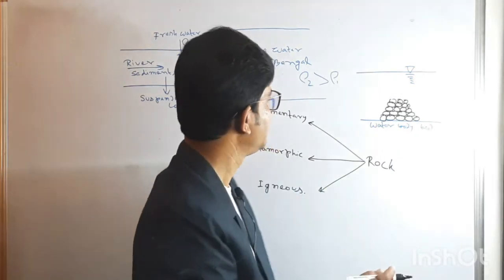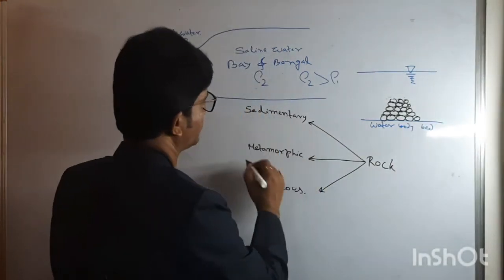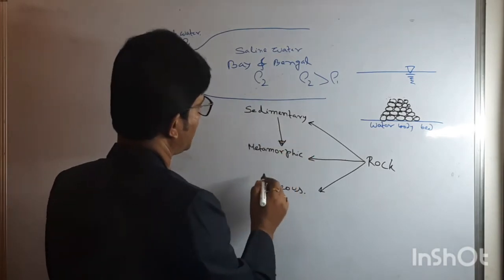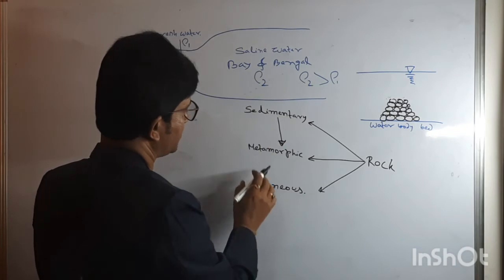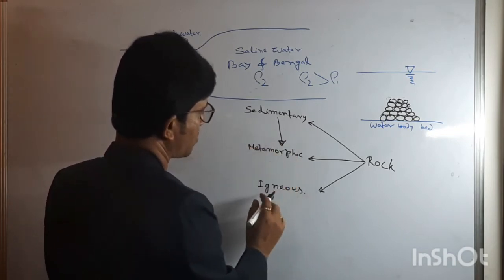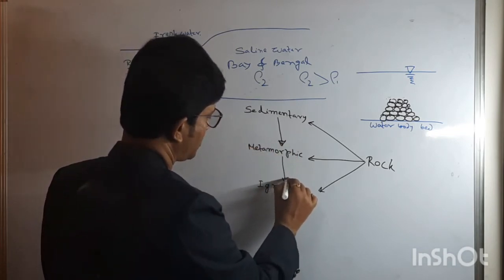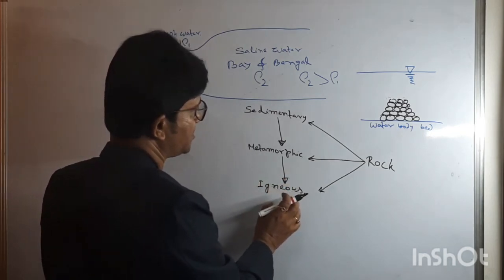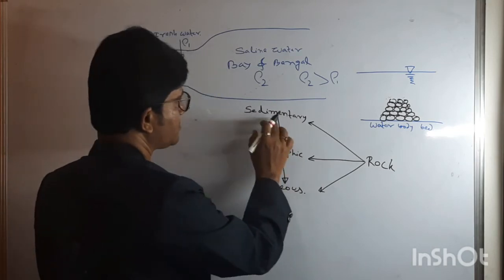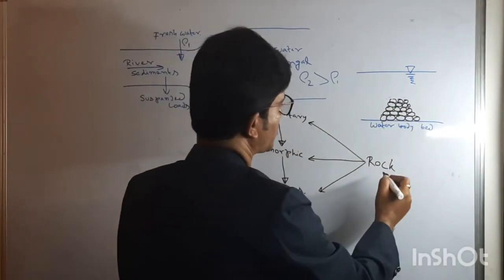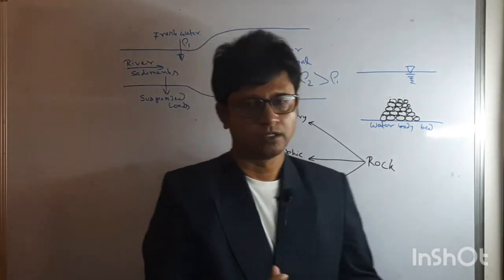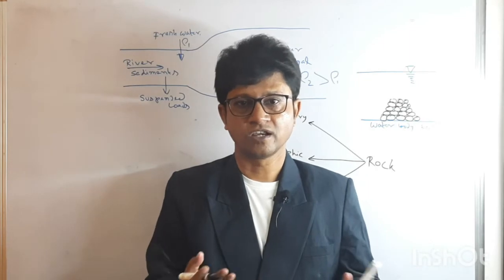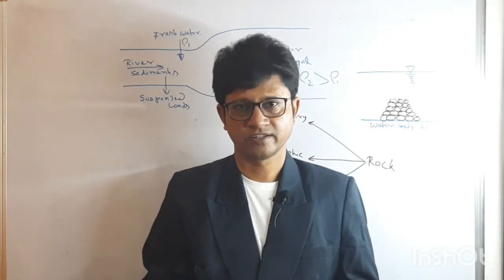As a result, these sedimentary rocks are formed, and these sedimentary rocks, by the action of pressure and temperature, get converted into a metamorphic rock, and this metamorphic rock, by the action of heavy temperature, gets converted into igneous rock. Examples of these sedimentary rocks are mainly claystone, limestone, mudstone, shells, and conglomerates.